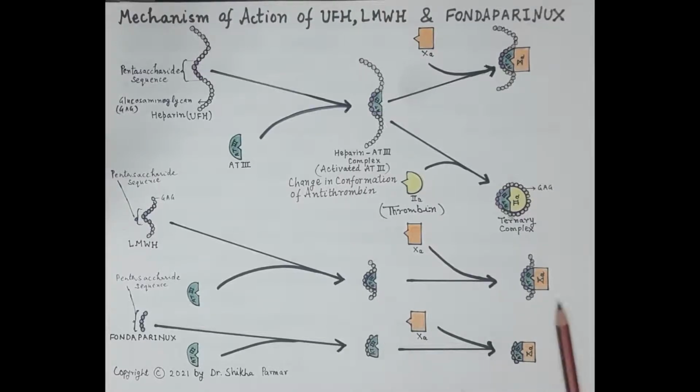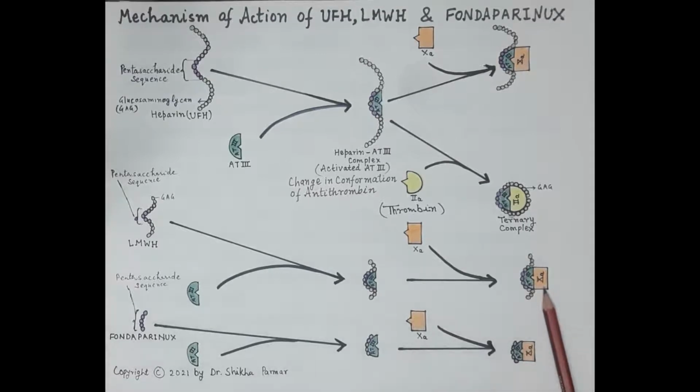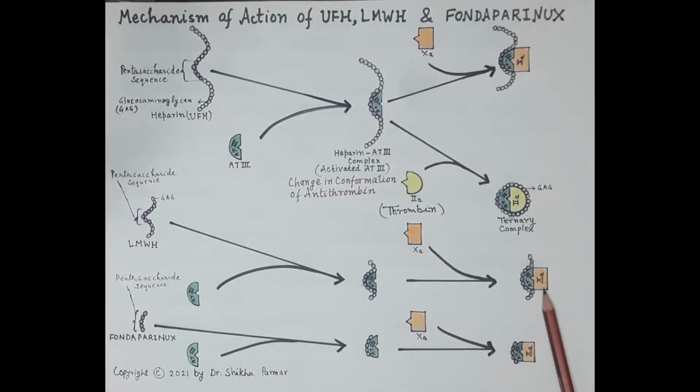Now this complex further binds to the clotting factor 10A. As is clear from the diagram, this clotting factor 10A directly comes in contact with the activated antithrombin 3. So there is inhibition of clotting factor 10A. However, it is very important to understand that low molecular weight heparin cannot inhibit thrombin.